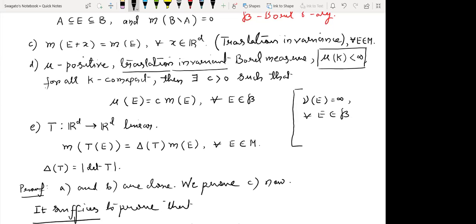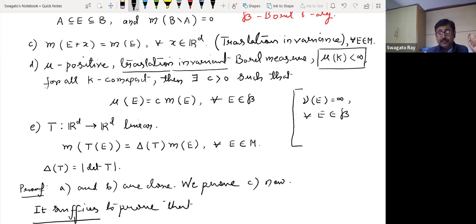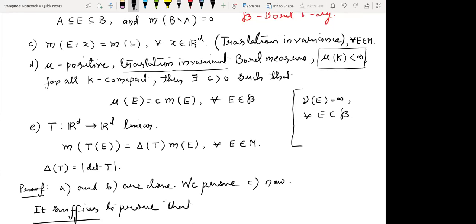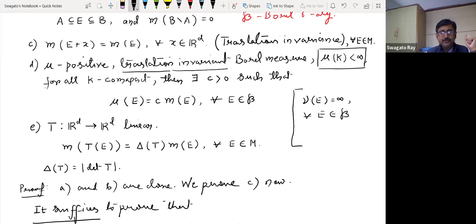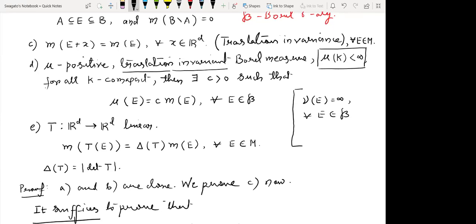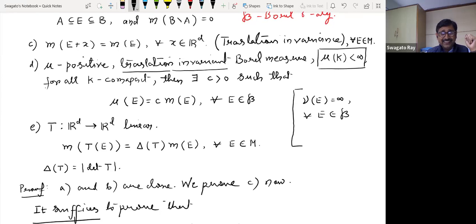Yes, because everything is infinity. Is this translation invariant? Yes. Is it a constant multiple of the Lebesgue measure? Yes, infinity. What C are you working with?